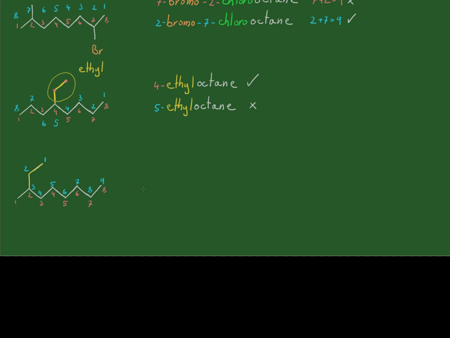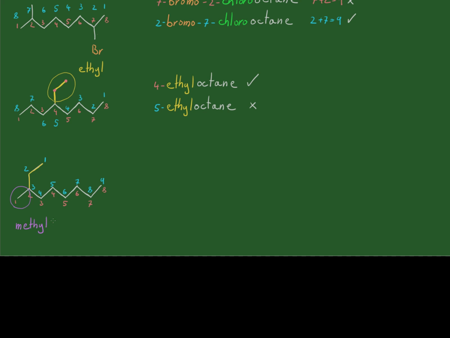And now I have to look, what are the substituents on this nonane? Well, I have this single carbon sticking out here. So 1 carbon, if it were on its own, it would be methane. But it is now a substituent group, therefore it becomes methyl.